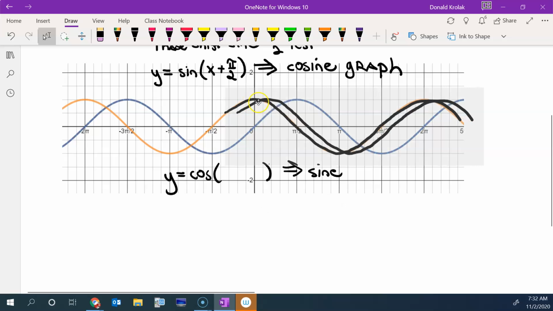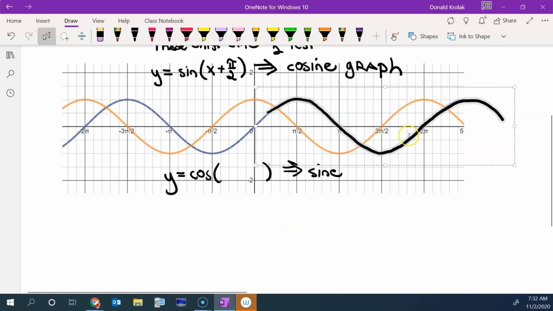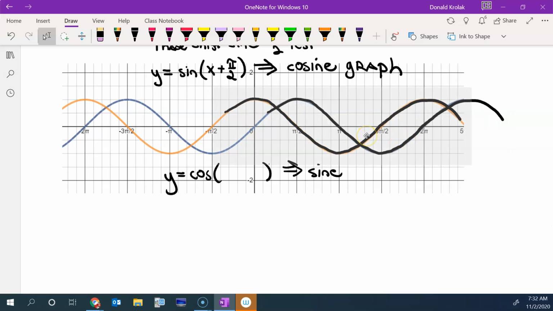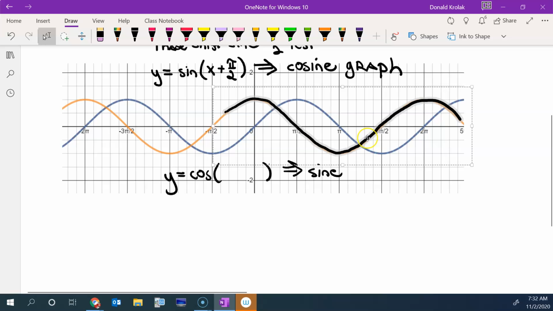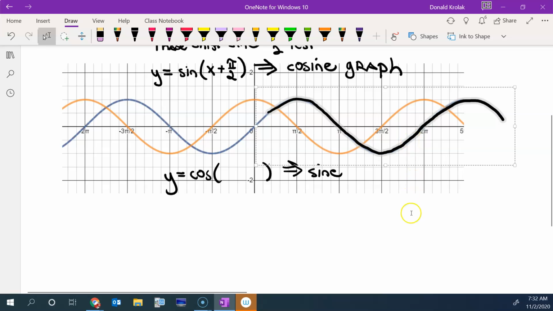So how far do I have to slide it? Now it's the same as a sine graph. There's the cosine graph. Now watch how far I have to slide it. Now it's a sine graph.